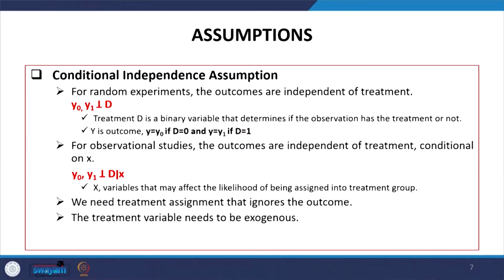The first assumption is called the conditional independence assumption. What does this mean? For a random experiment, the outcomes are independent of treatment, whereas in the case of observational studies, the outcomes are independent of treatment, conditional on the X. So, when you are giving a certain treatment in the experimental design, your outcomes are independent of the treatment that is given.